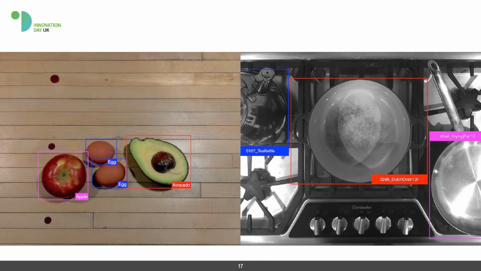Additionally, we can look at identifying and classifying different objects like fruit, or objects which may be on a stove, right? So you might be able to point to a burner and say, turn on the burner, while you're across the room preparing other things, and it would be able to identify which of the burners you're talking about because there's something on it.